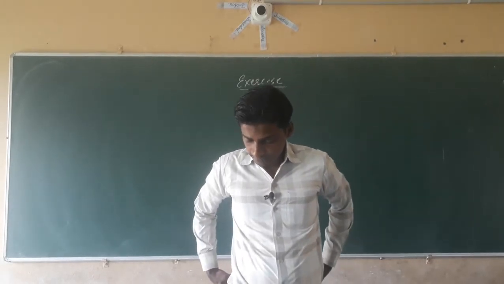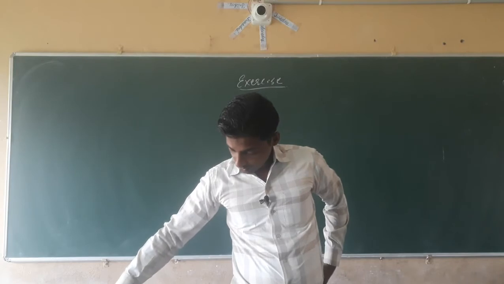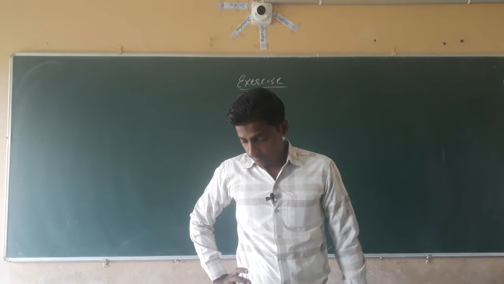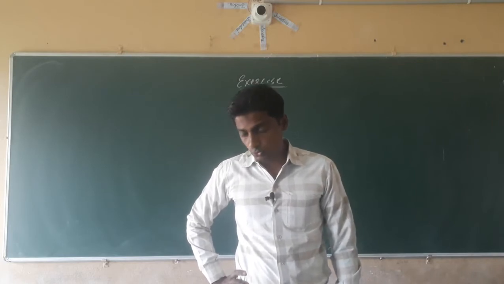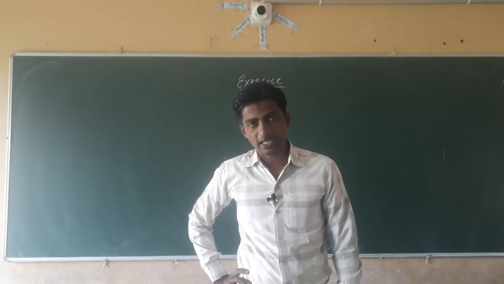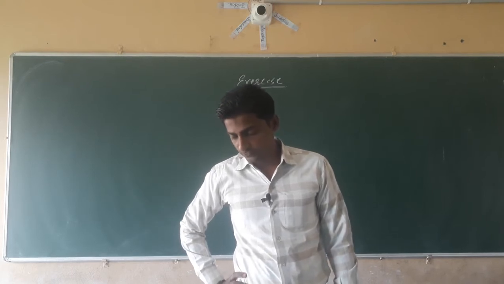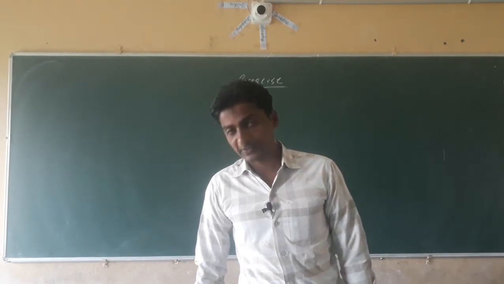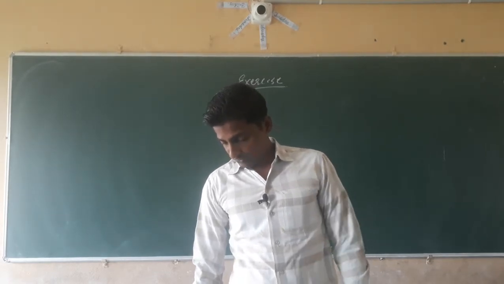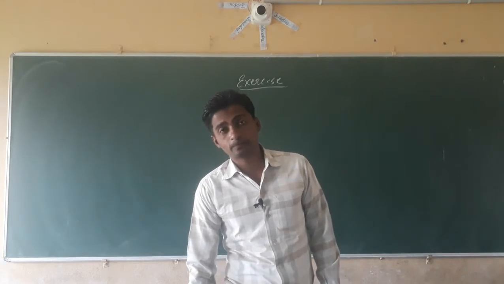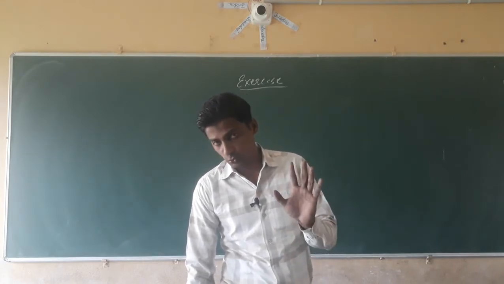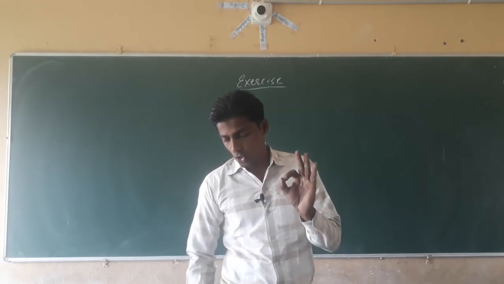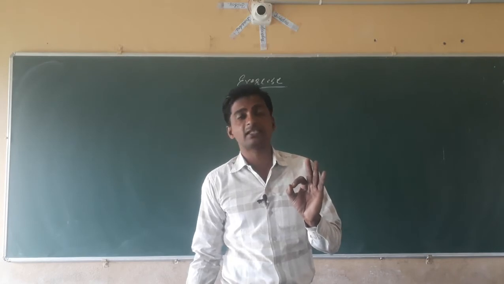True and false. Indicate the true with capital T and false with F among the following sentences. The first one: the movement and locomotion of all animals is exactly the same.